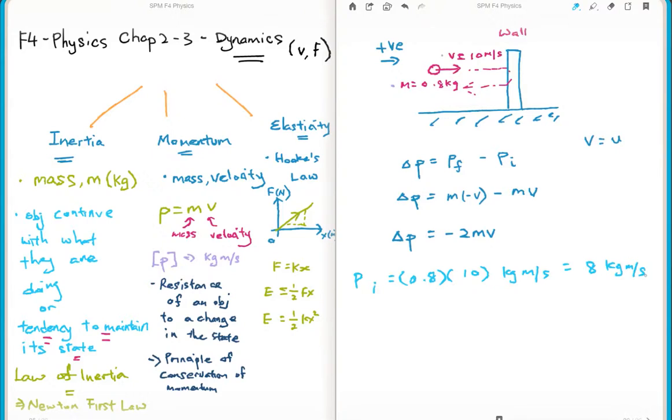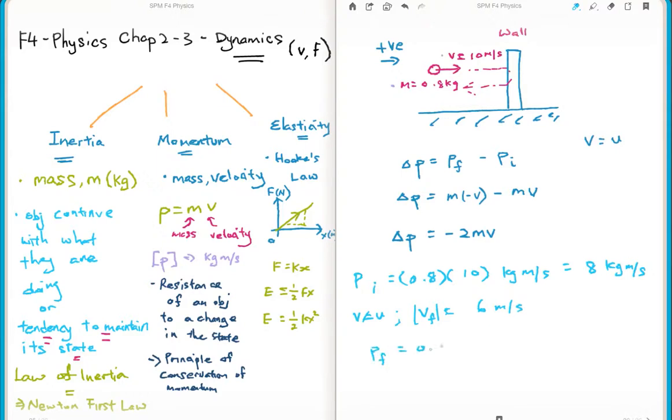Now, if for the case v is not equal to u, and my final v when it bounces back has a magnitude of only 6 meters per second, what's my final momentum?